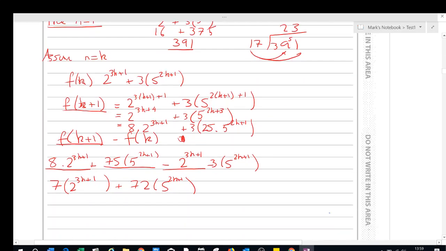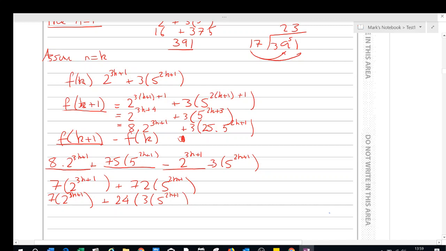So I'm going to leave this the same, and I'm going to rewrite this as something times 3, so it's 24 times 3 times 5 to the power of 2k plus 1.